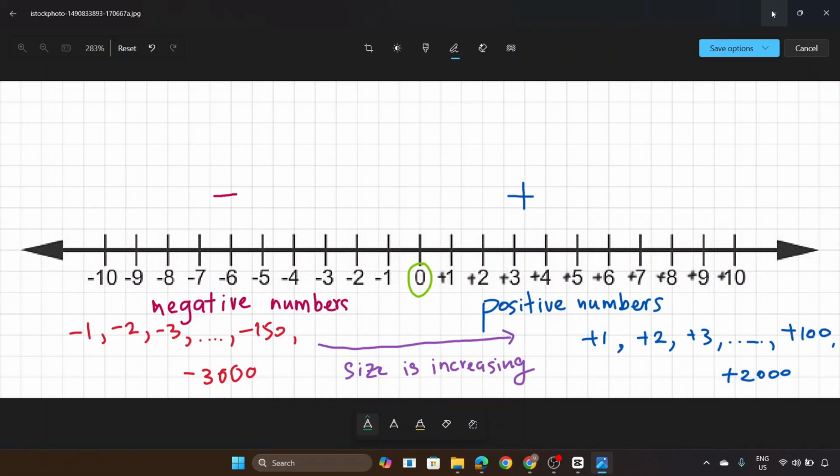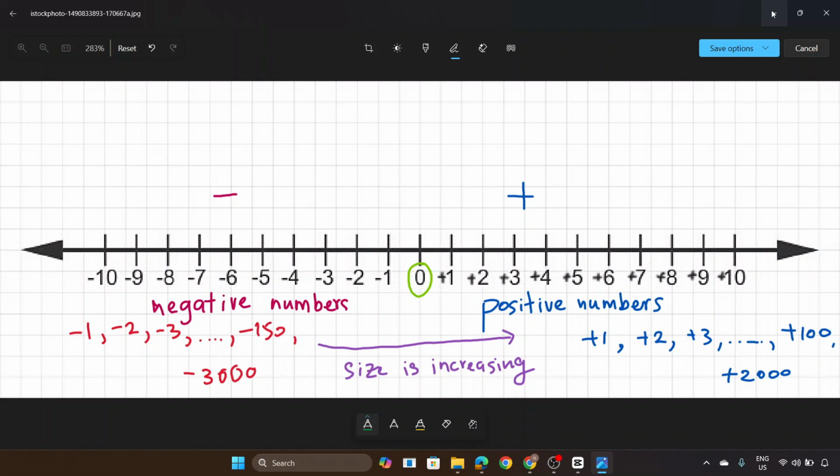Another important thing you have to know is that in this number line I have only marked whole numbers, integers. You know there are some numbers between these two integers as well. We call them fractions, and we can also write them as decimal numbers.